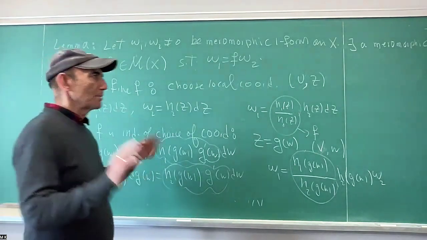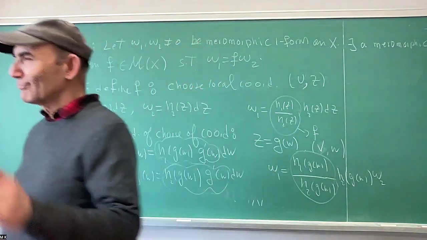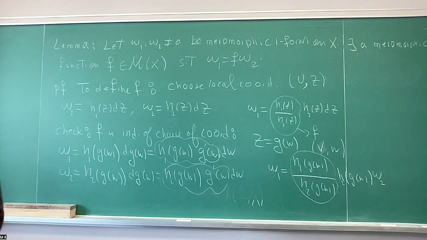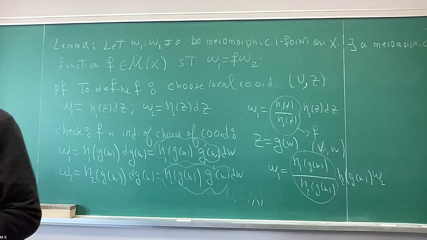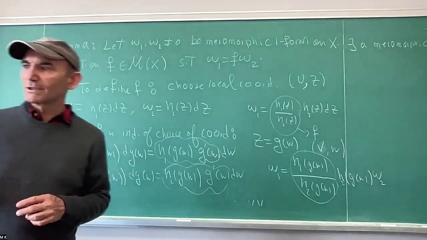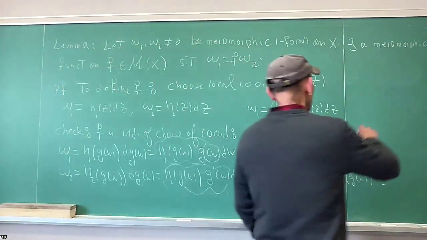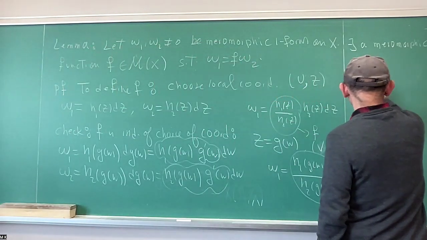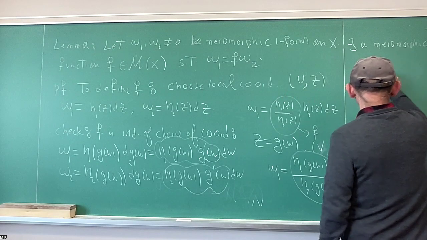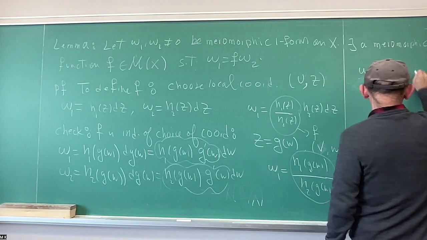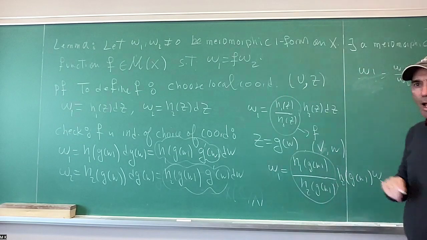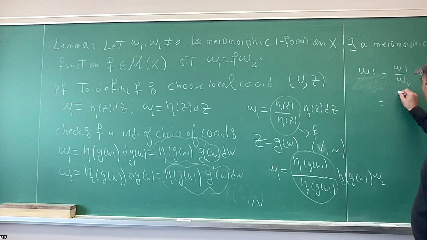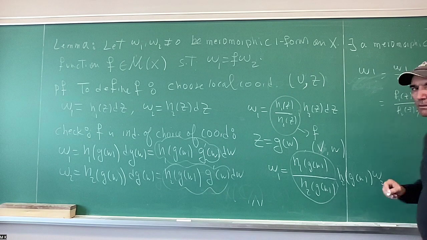So this is kind of a calculus question. You can test your calculus students. If you give this question to your calculus students, those students who are smart would say: well, I just define omega 1 over omega 2. Omega 1 is equal to omega 1 over omega 2 times omega 2. And omega 1 over omega 2, you just write h1 of z dz divided by h2 of z dz times omega 2, and the dz's cancel.